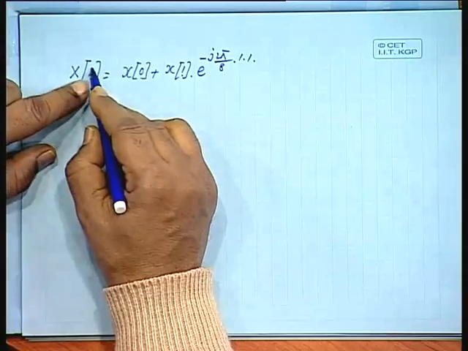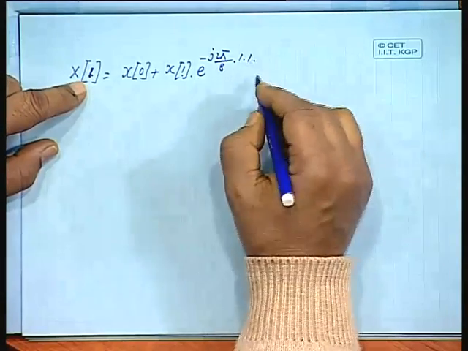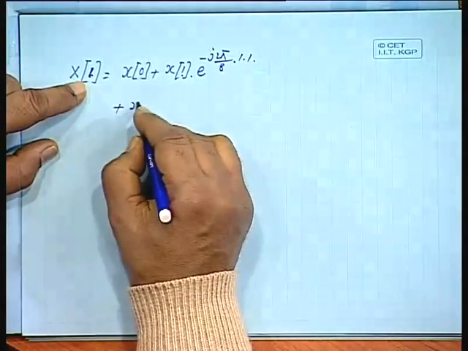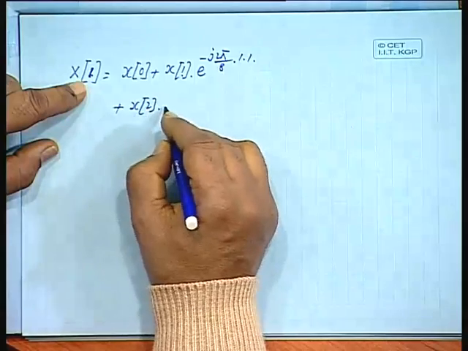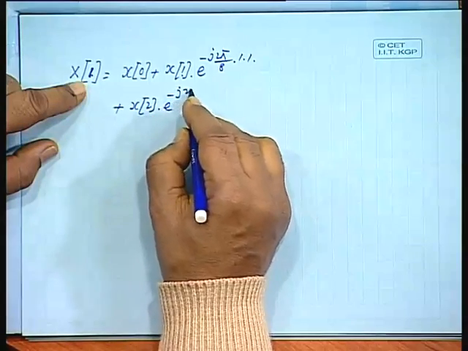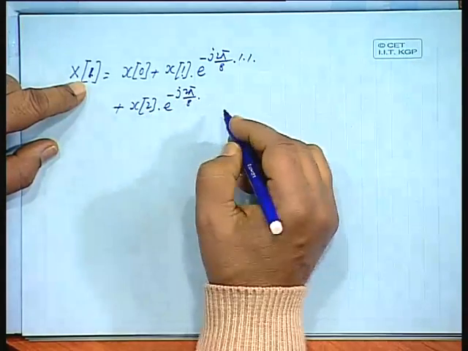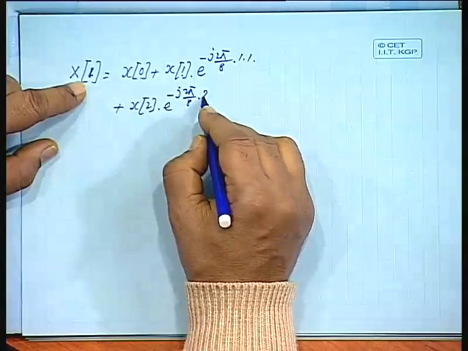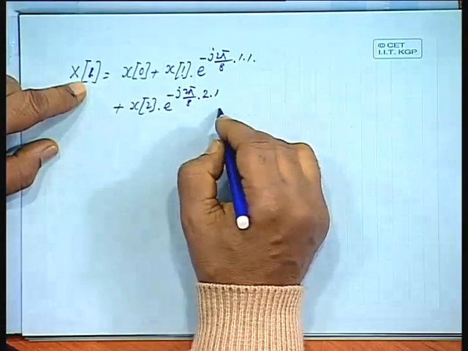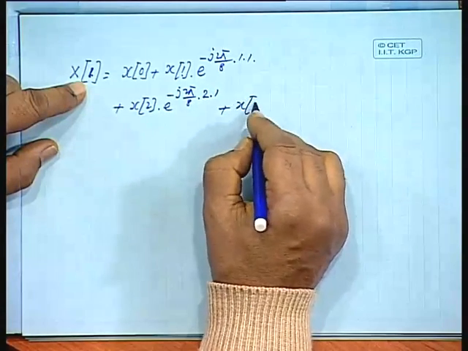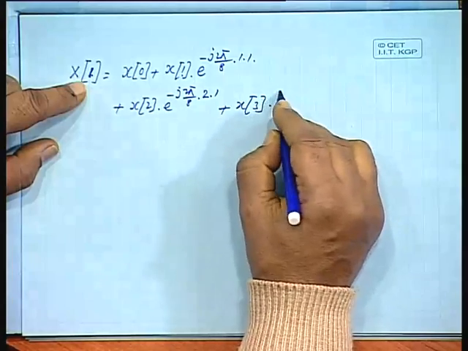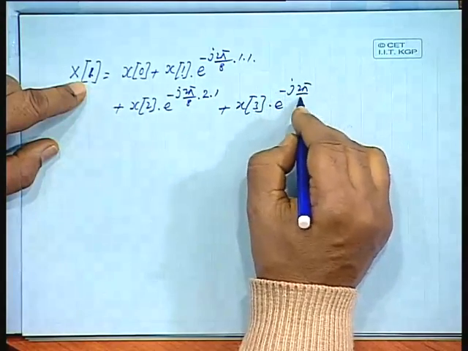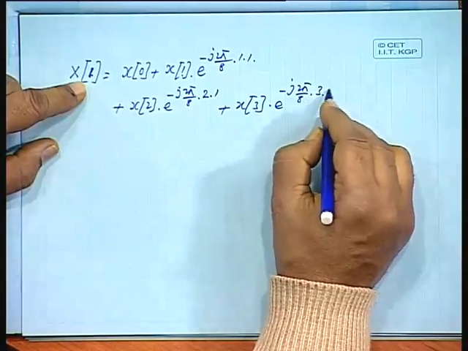So, when I am going to compute for k, I will multiply by this, plus x 2 into e to the power minus j 2 pi by 8 into 2 into 1, plus x 3 into e to the power minus j 2 pi by 8 into 3 into 1.